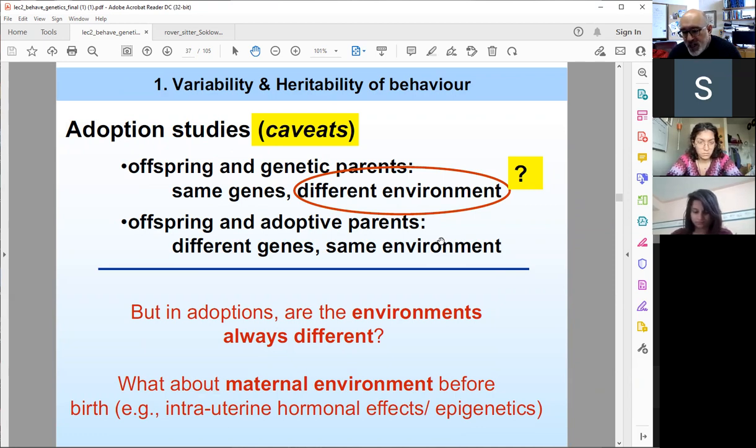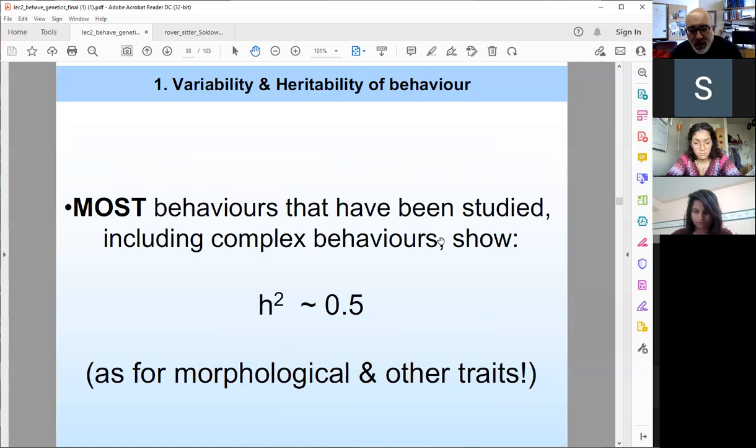There is something called epigenetics, which is basically genetic effects of the environment, and these can also affect behavior. And as I said, most behaviors that have been studied, including complex behaviors like verbal ability, like I just described, have a heritability of around 0.5, which is the same as for other types of traits.